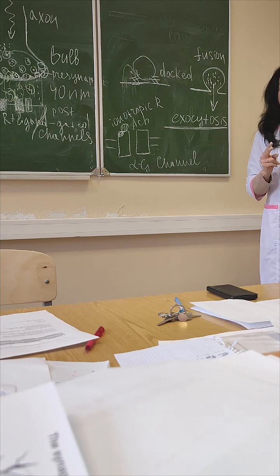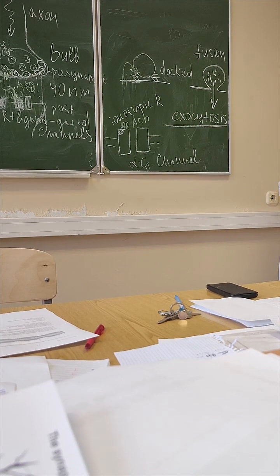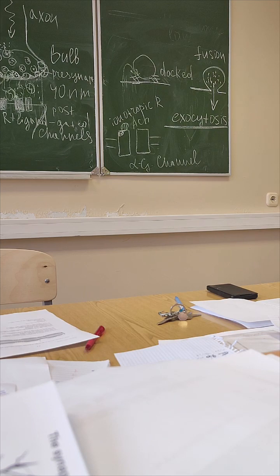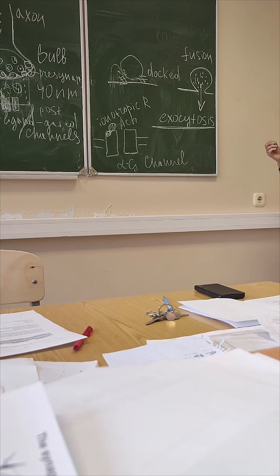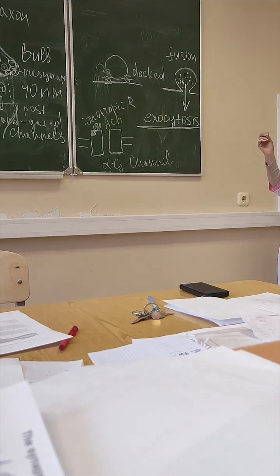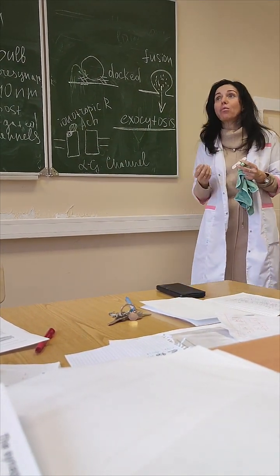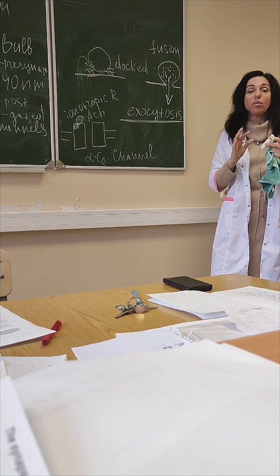We have two types of synapses with different effects: excitatory and inhibitory. I will explain mostly excitatory now. In an excitatory synapse with ionotropic receptor, most commonly this channel is permeable to several ions, at least sodium and potassium equally.